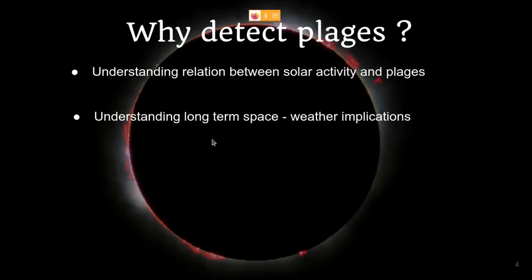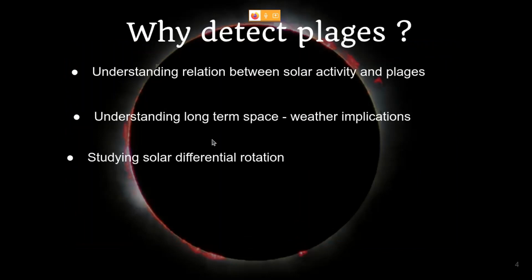Now, this output variation, as Professor Durgesh already talked, can have some impacts on Earth's atmosphere. I think someone talked about density variations, which can cause satellite drag. So these are the implications. This is also the reason why we want to track solar activity in plages.